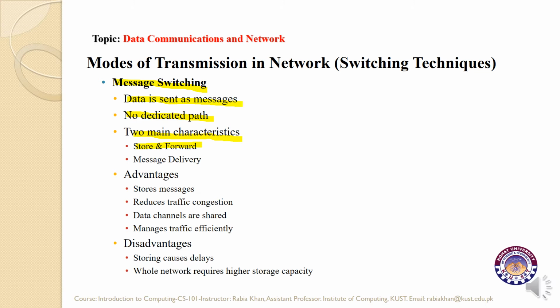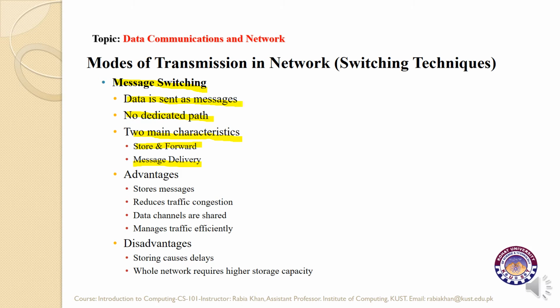So it is called the store and forward property of message switching. It is also known as store and forward technique or store and forward switching technique. This technique was earlier used in telegraph message switching networks. The second property or second characteristic is the message delivery.